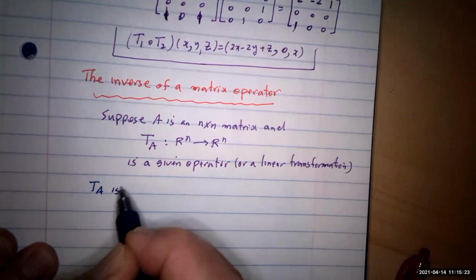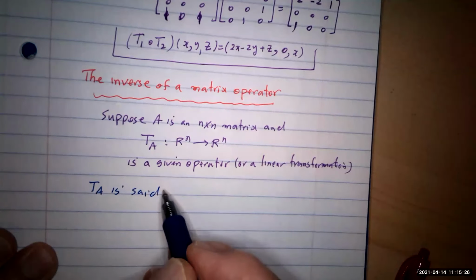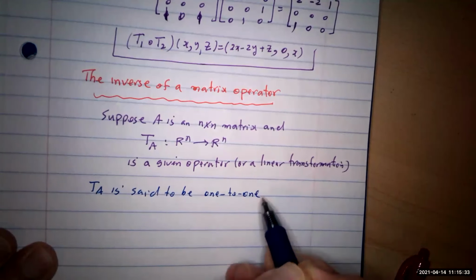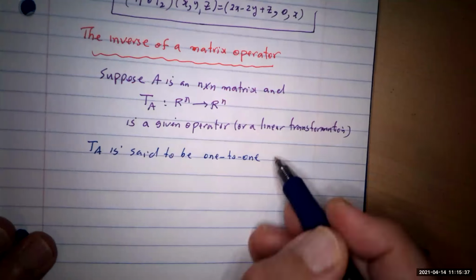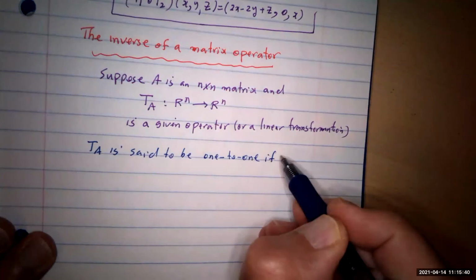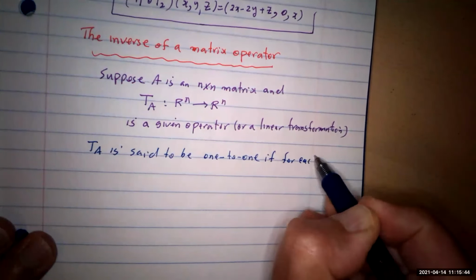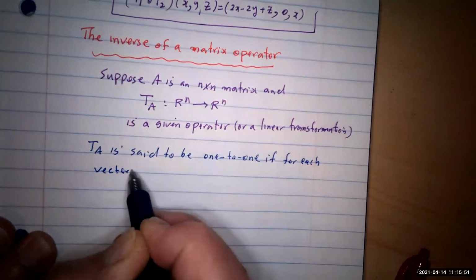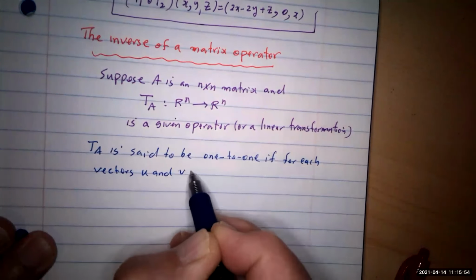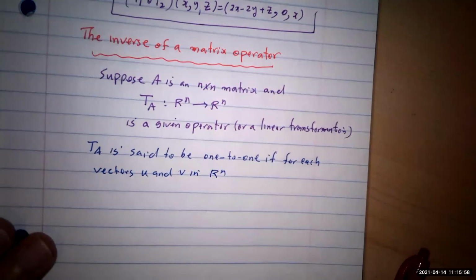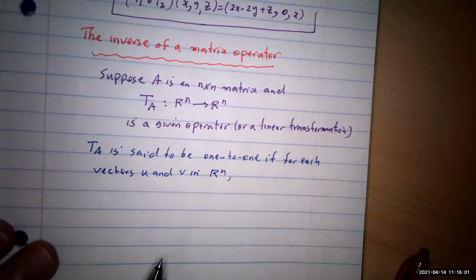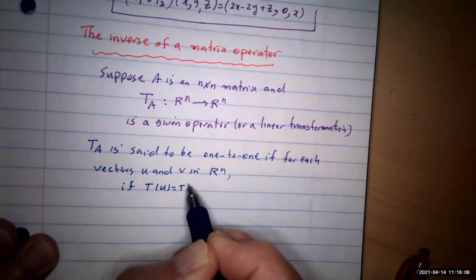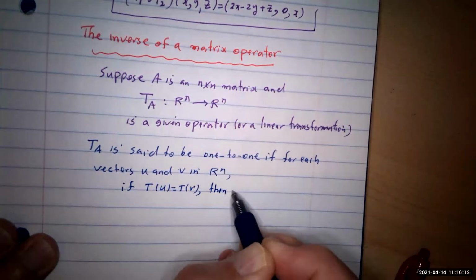TA is said to be one-to-one, like a function, if for each two vectors u and v in Rn, if Tu is equal to Tv, then u must be equal to v.